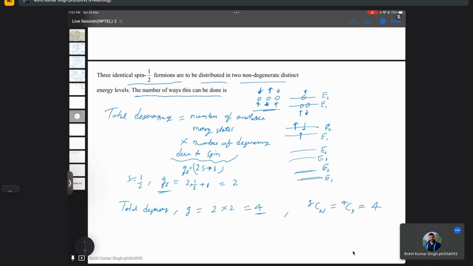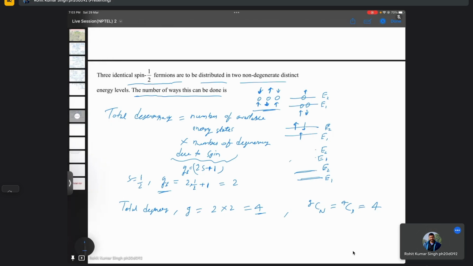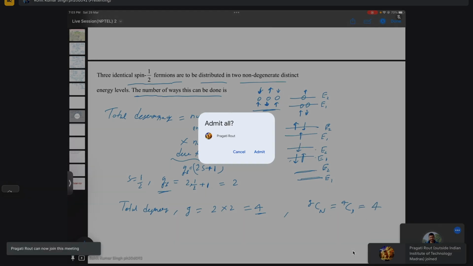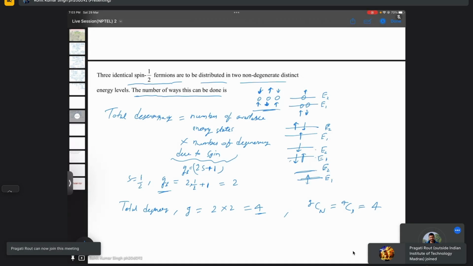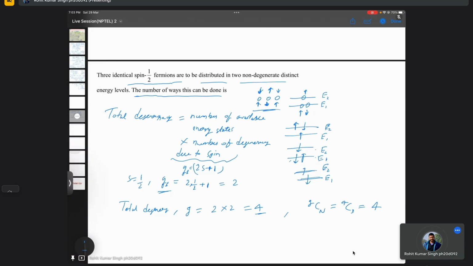And so you again have spin down, spin up, and then spin down. Or spin down, spin up, spin down.